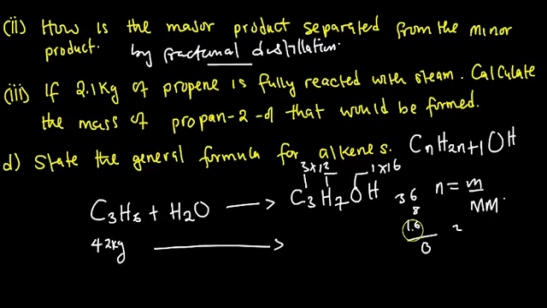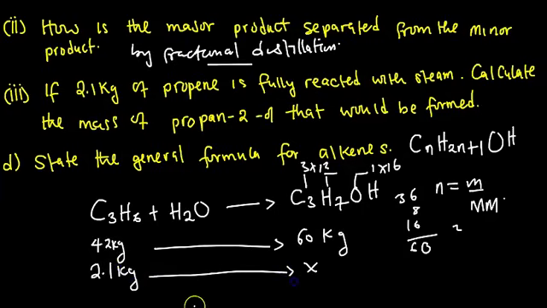Then 4 plus 2 is 6, so 60. So this one produces 60 kg. So 42 kg of propene reacts with steam to form 60 kg of propanol.